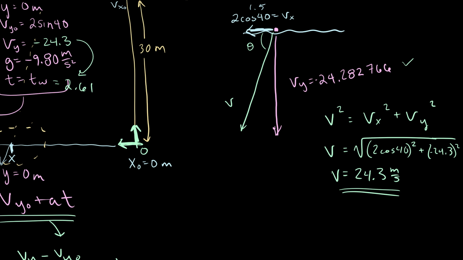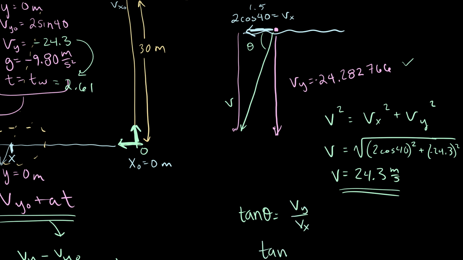And then we find that angle by taking the inverse tangent. If we think about it, we could redraw our y component over here. So we're taking the tangent of that angle. The tangent of our angle equals our Vy over Vx.